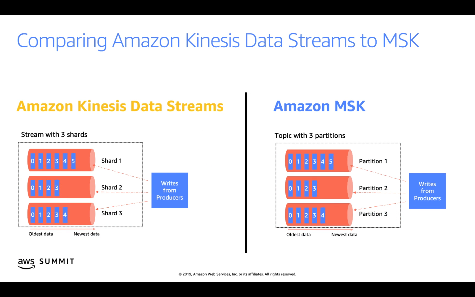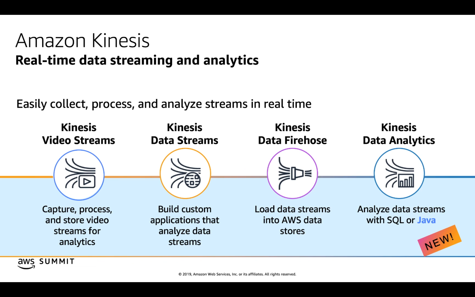So basically, Kinesis Data Firehose is a managed consumer that writes to AWS data stores. And then we have Kinesis Data Analytics that allows you to analyze streaming data in a serverless way with SQL or Java.